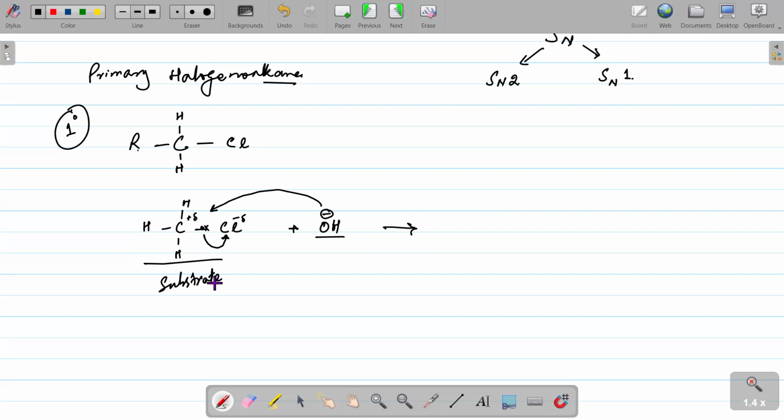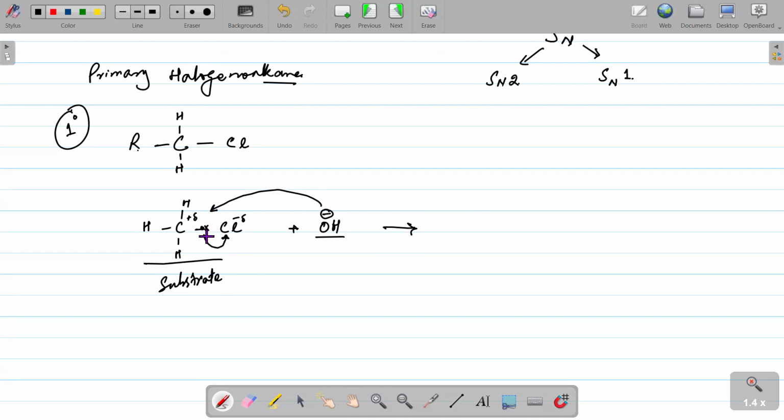Remember one thing, the direction of arrows is very important. As I have already told you, we draw the arrows from the negative end towards the positive end. This is shifting of electrons.